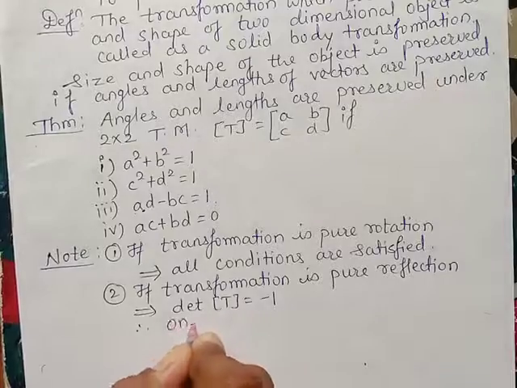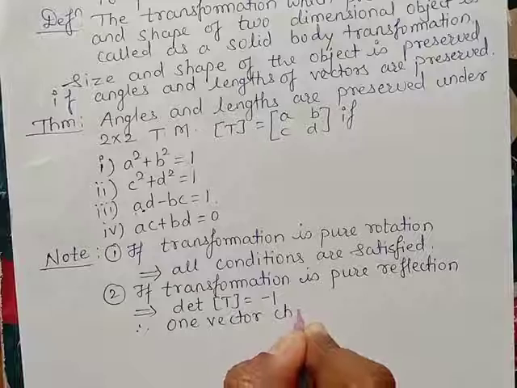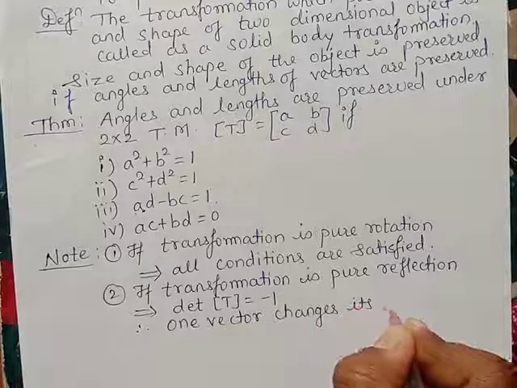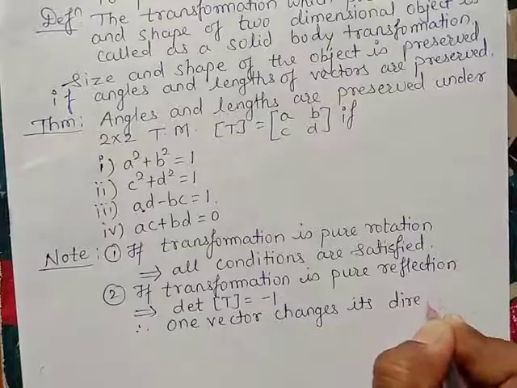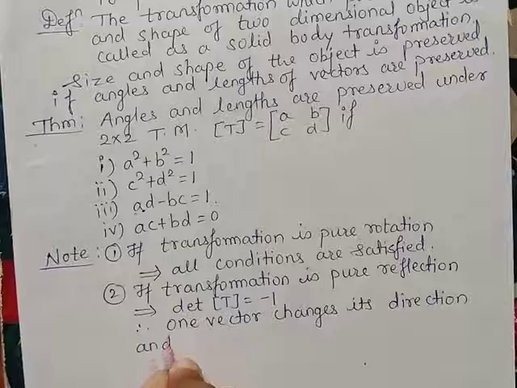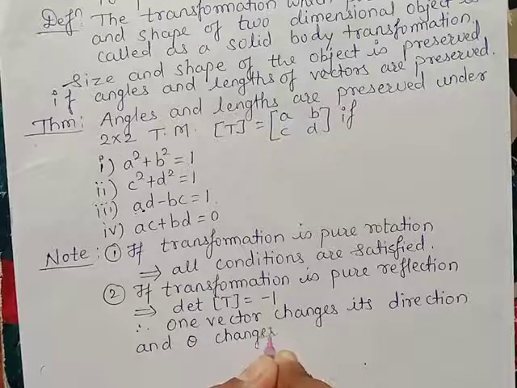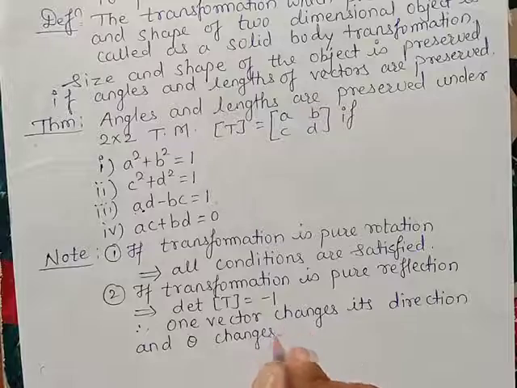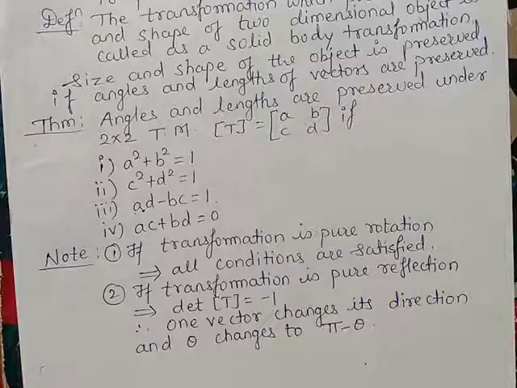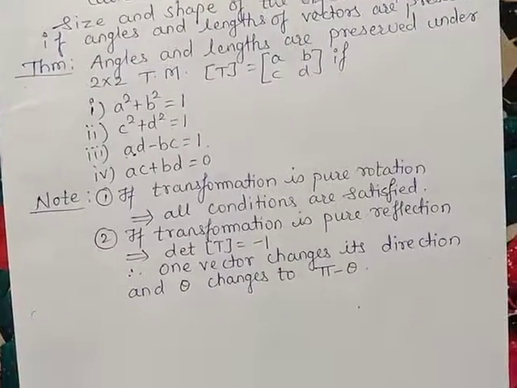Therefore, one vector changes its direction and theta changes to pi minus theta. Due to that, this happens. So angles and lengths are not preserved, right?